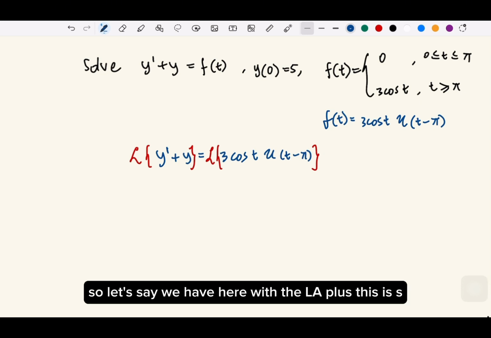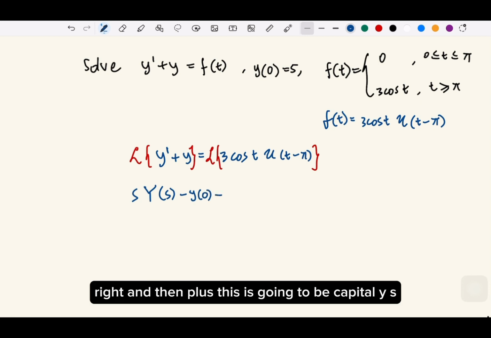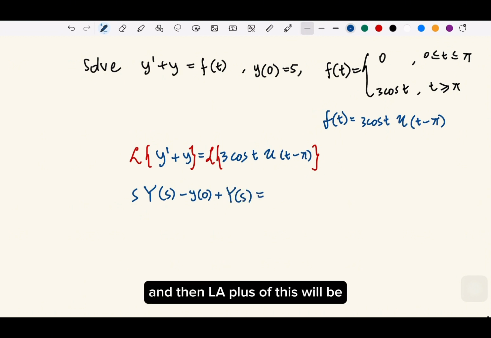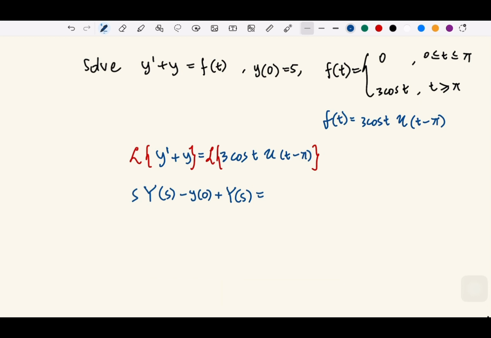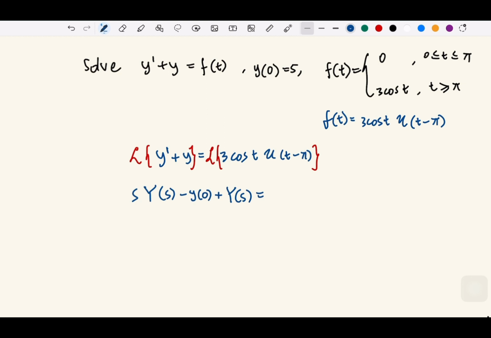So let's say we take the Laplace here, this is s times capital Y of s minus y of 0, right? And then plus capital Y of s. And then the Laplace of this will be, the function is cosine, so s over s squared plus 1 for cosine t.